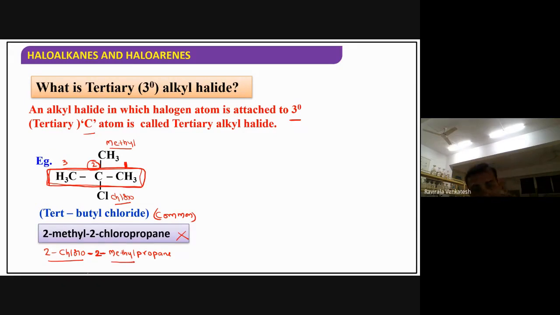So 2 chloro, 2 methyl propane. Read the 11th class nomenclature which I gave in the notebook. Just after this class, open your 11th class notebooks and observe whatever nomenclatures are given. Let me move on to one more example now.